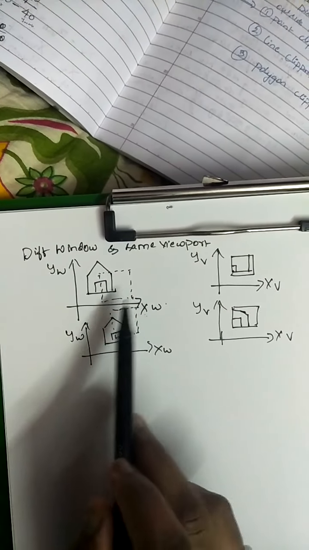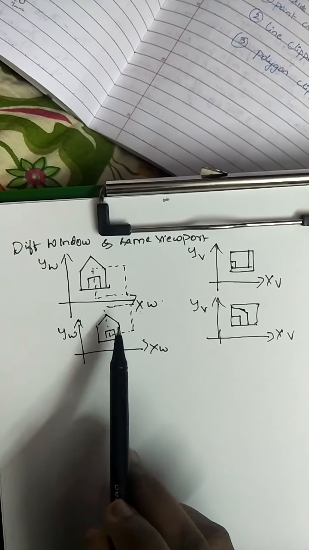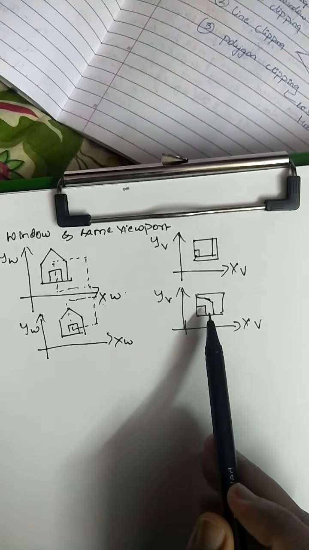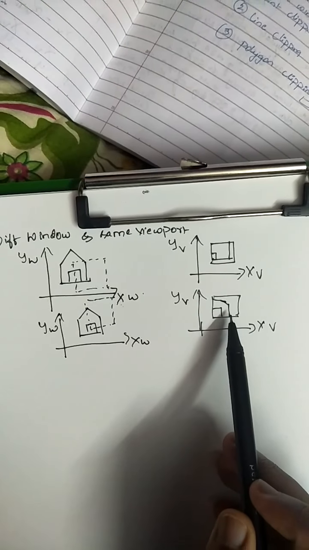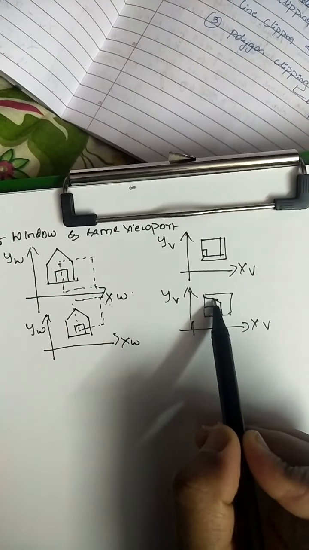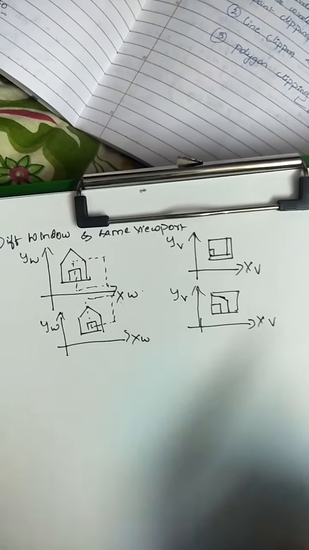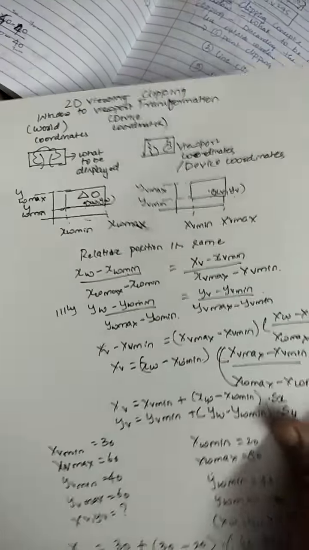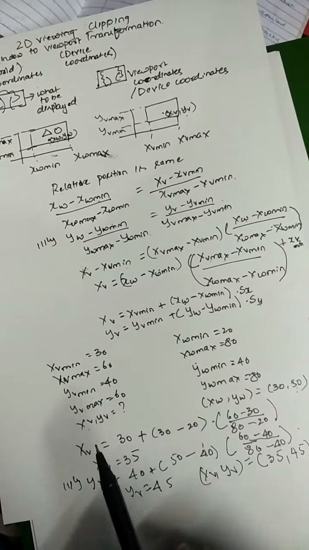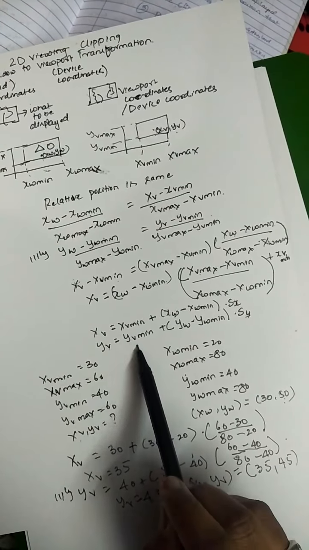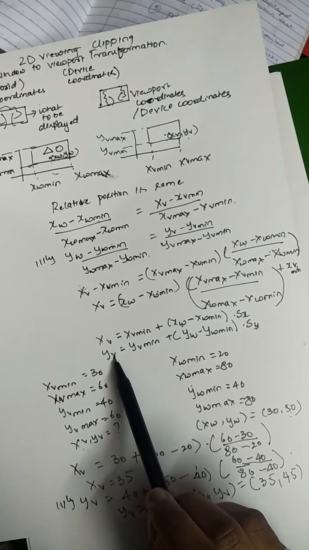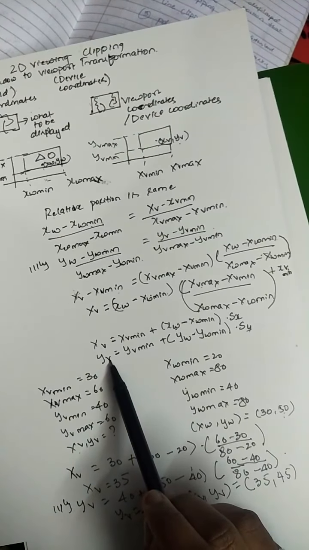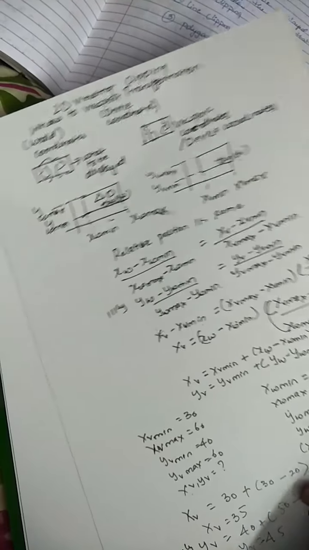Based on the window, whatever I choose, it is drawn relatively in the viewport. How does it calculate these points? As I have explained here, it makes use of this equation to calculate the points xv and yv that are being considered to draw in the viewport.